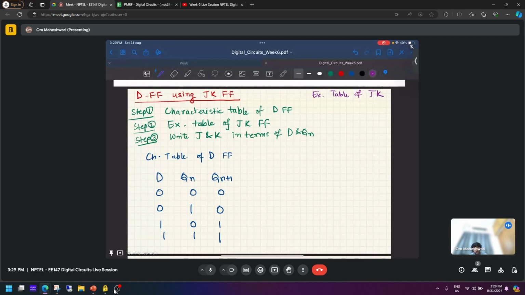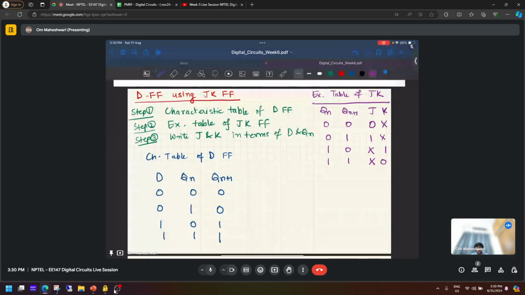In the excitation table we have Qn plus 1, J and K. When output and input are same, 0 0, it is 0 cross, 1 1 is also 0 cross here, and it is 1 cross cross. So this is the excitation table of JK flip-flop.